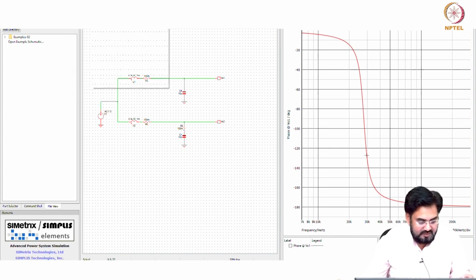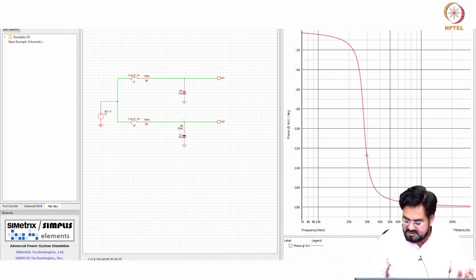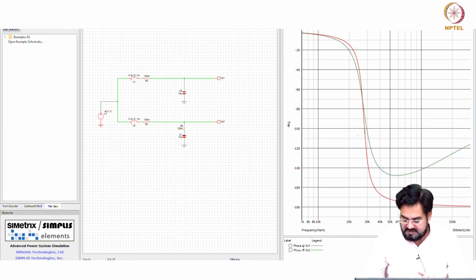Now, I will plot the phase of the second one. I have introduced a 0, so I should expect a boost in the phase. You can see here, and eventually where will it go? Minus 90.